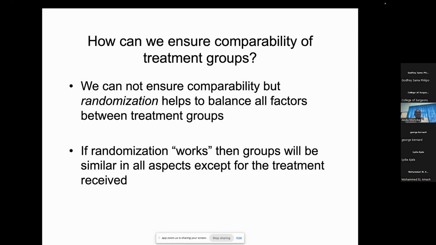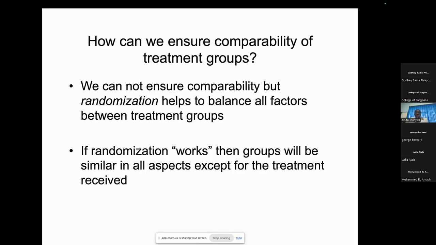How can we ensure comparability in these treatment groups? We cannot ensure comparability 100%. It's almost impossible. But if we introduce the concept of randomization, this will help us to balance all factors between the treatment groups.